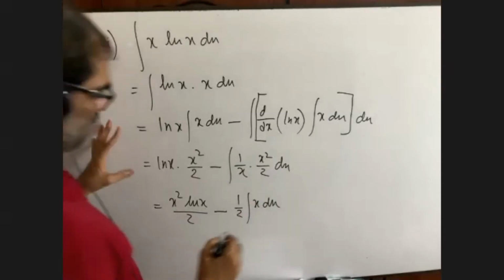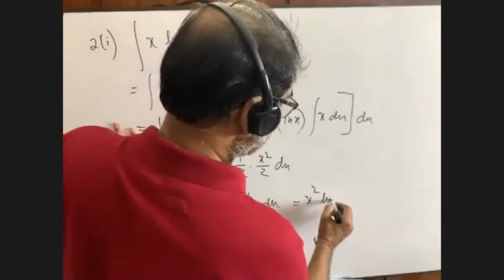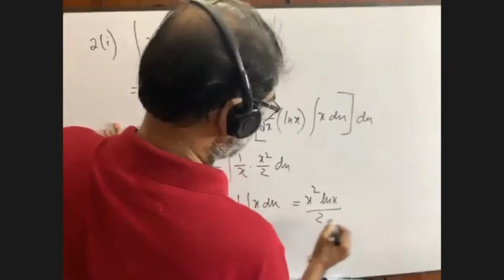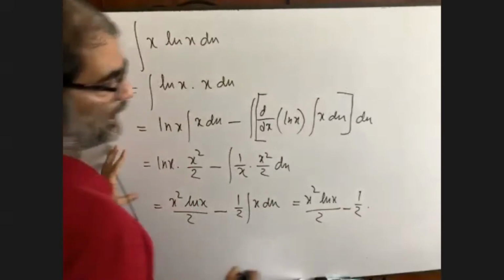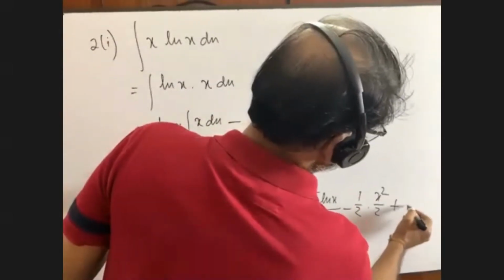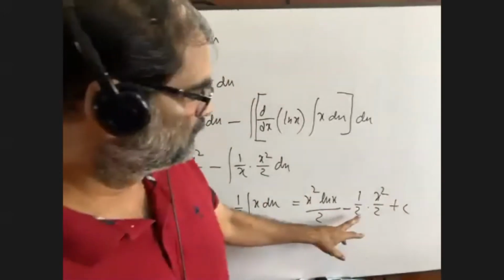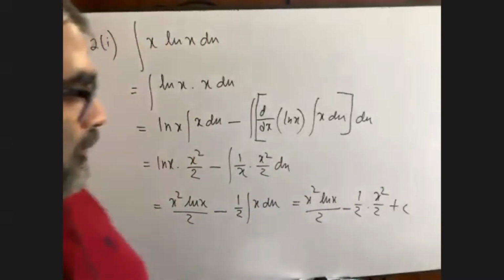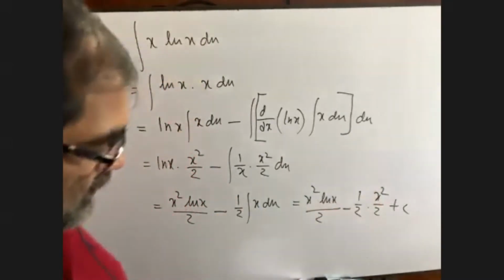So we can write down here x square ln x by 2 minus a half, and the integral of x is x square by 2, plus c. It is our answer. We have to write down x square by 4 at last, and this is the answer.